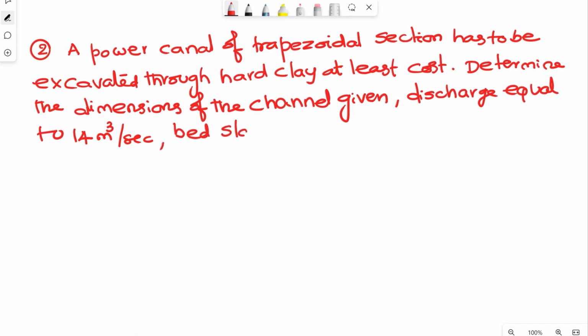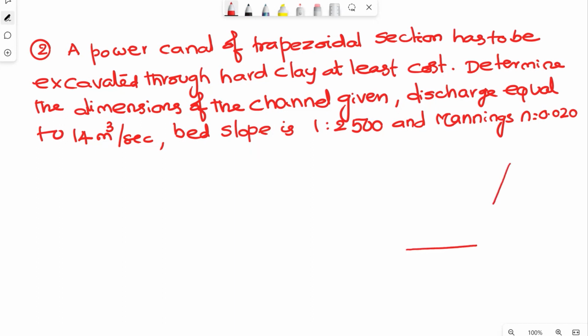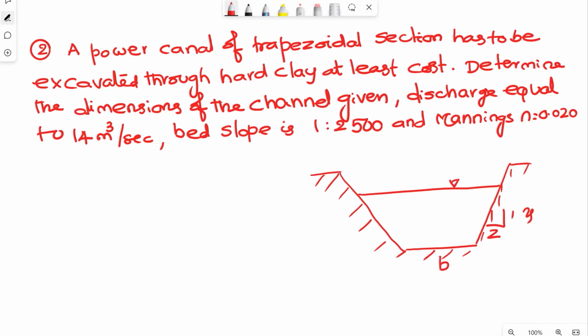Bed slope is 1 is to 2500 and Manning's N is 0.020.